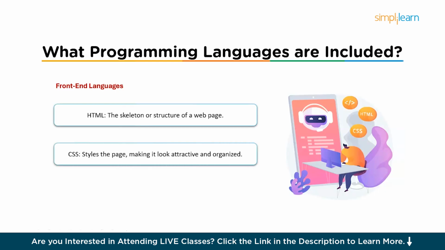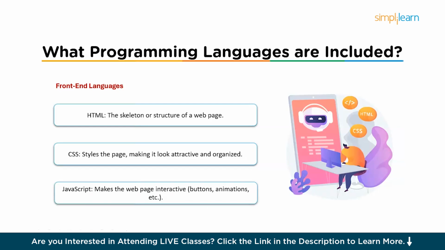Then we have CSS, that is the styling of the page, making it look attractive and organized. And then we have JavaScript. It makes the web page interactive, with buttons, animations, forms, etc.